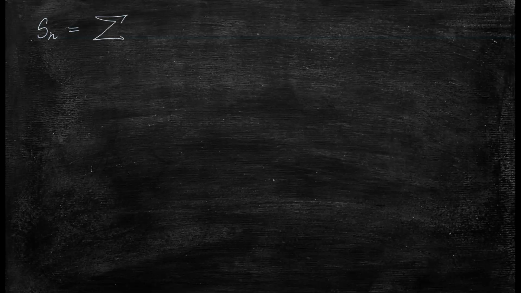So now, what would be the nth partial sum? It will be the sum of the first n terms of the series, and here's what it looks like. You may ask again, why is it n minus 1 when we're considering the sum of the first n terms?